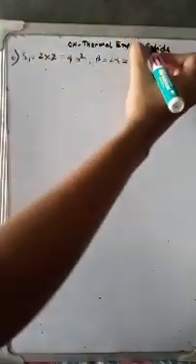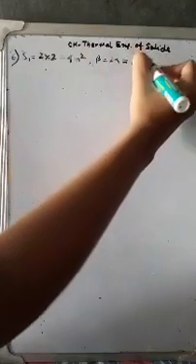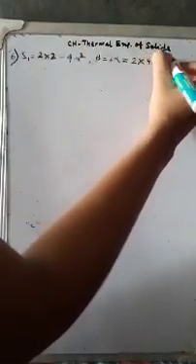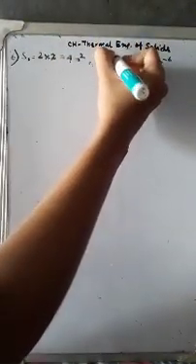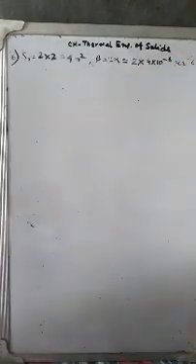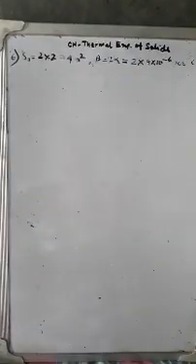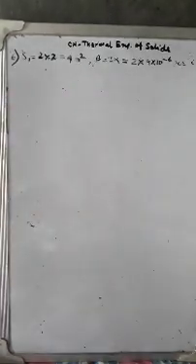So 2 into 9 into 10 to the power minus 6, given per degree C. Now we have written the two data. What are the next data that we have to find out? You have to find out the maximum variation of temperature.